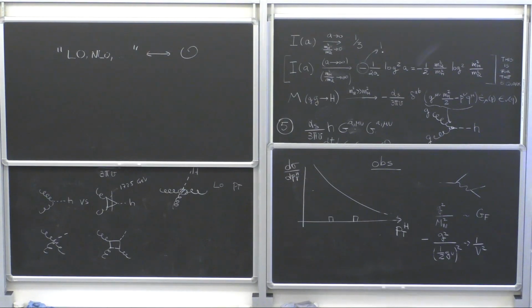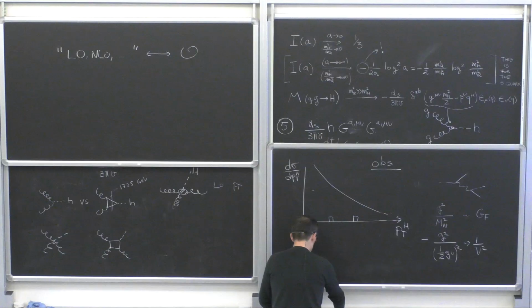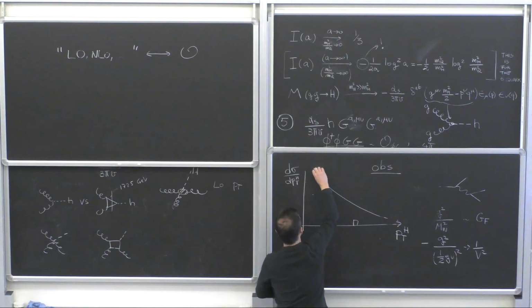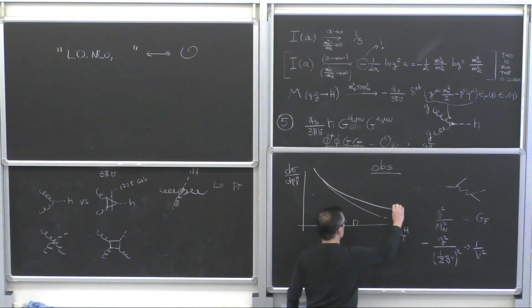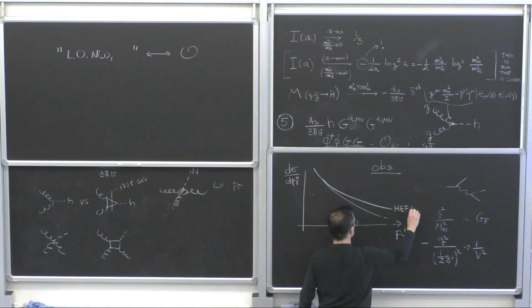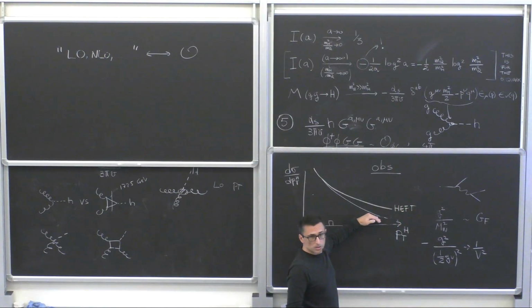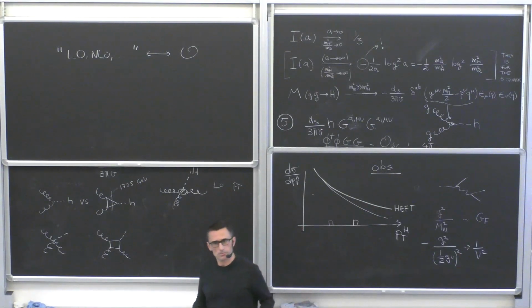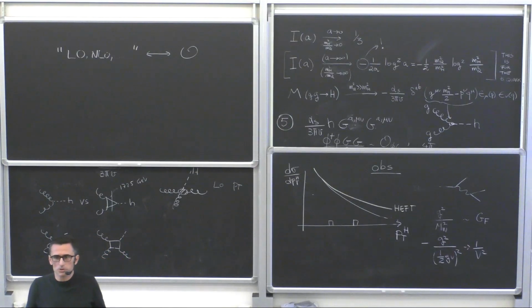So the blue line is the true result, the loop result, and the green line is the effective field theory, this one. So what I get is roughly that they agree, and then after some point the effective theory has a tail which is higher than the true one. The true one means the standard model one, the one where the top is what it is. It's not set to infinity.